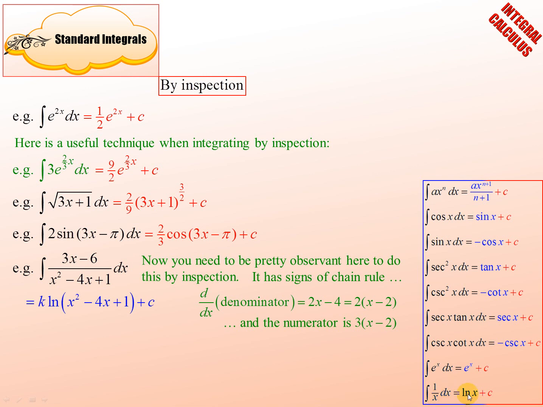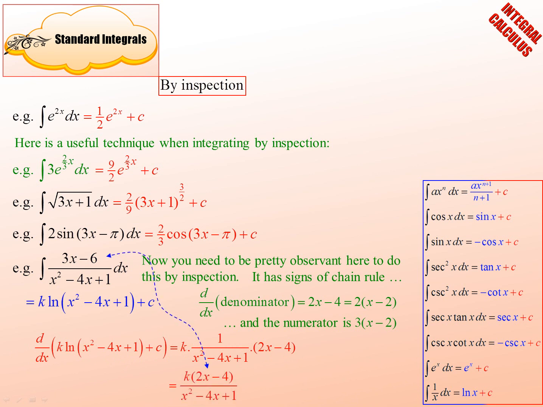Integral of 1 over x is ln x, so integral of 1 over something is ln. There is this there, but I think this is linked to the chain rule, derivative of the inside. So let's differentiate that. So it's 1 over x squared minus 4x plus 1 with a k, times the derivative of the inside, 2x minus 4, which gives us that.